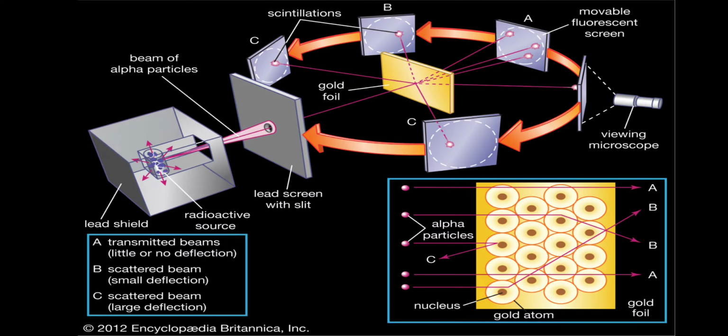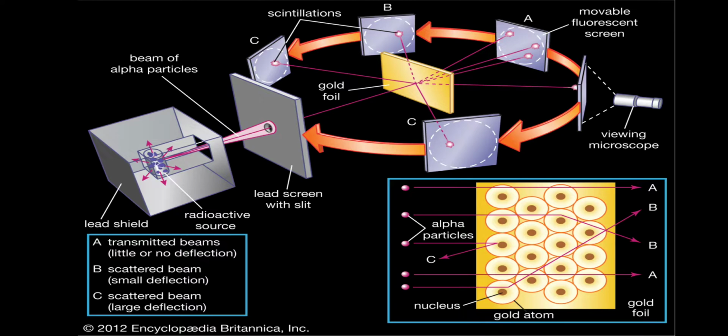So, before that, this is basically how the scattering of alpha particles looks like. You see, this is a microscope. What happens is we leave a beam of alpha particles. There is a lead shield, so the alpha particle beam we leave. Now, they pass through a lead screen with a slit, and they go to the gold foil.